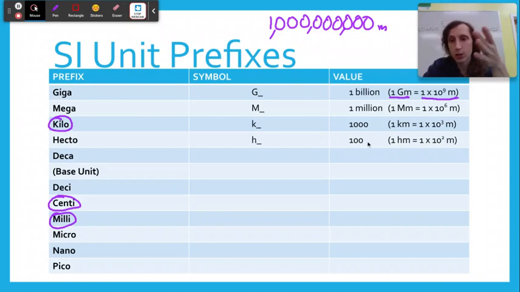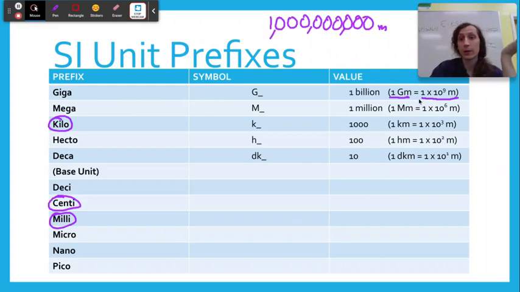Hecto is 100 regular meters, and a decameter, it's got kind of a funny prefix, dk, is equal to 10 of your regular meters. And it's important to note, I'm using meters for all of these, but it could be seconds, it could be grams. I could say 1 hectogram equals 100 regular grams, or 1 decasecond equals 1 times 10 to the 1st regular seconds.